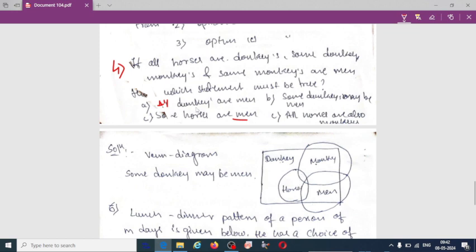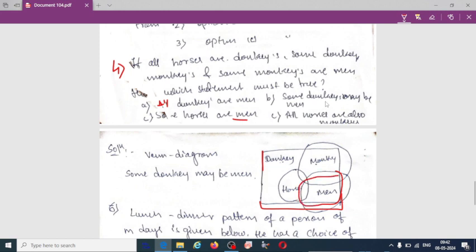Then which statement can we make here? All donkeys are men. That should not be correct, because we must draw the box inside the circle. Then only we can say all donkeys are men.